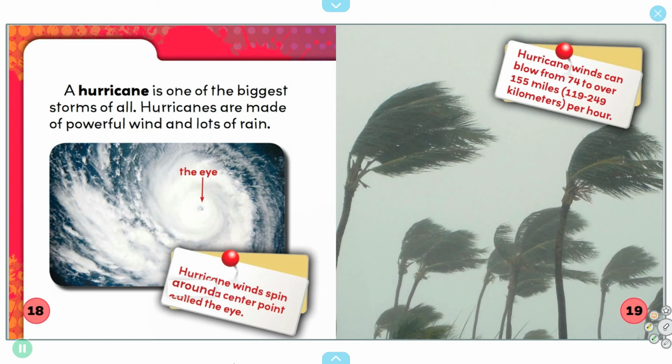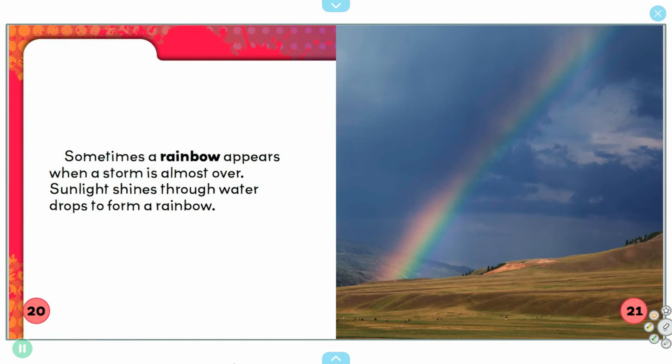Hurricane winds spin around a center point called the eye. Hurricane winds can blow from 74 to over 155 miles, 119 to 249 kilometers per hour. Sometimes a rainbow appears when a storm is almost over. Sunlight shines through water drops to form a rainbow.